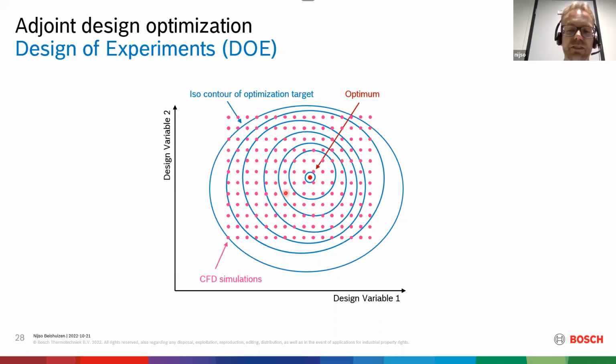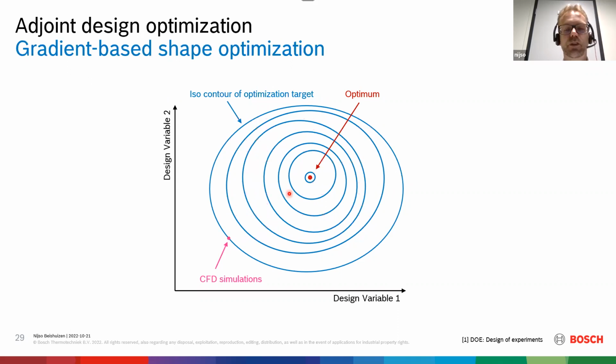This is, however, very costly. So a better way is to use gradient-based approximation. So what do we do then? We start with an initial design, and then we vary the design first in one design variable, and then in another. We perform a CFD simulation for both.